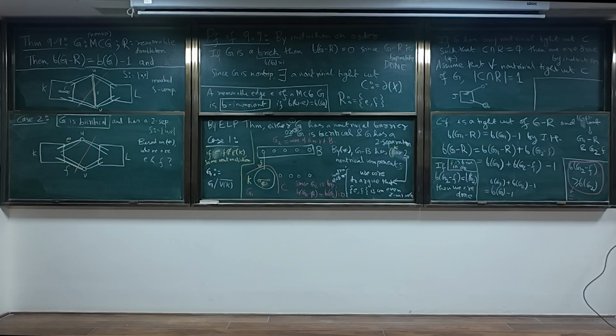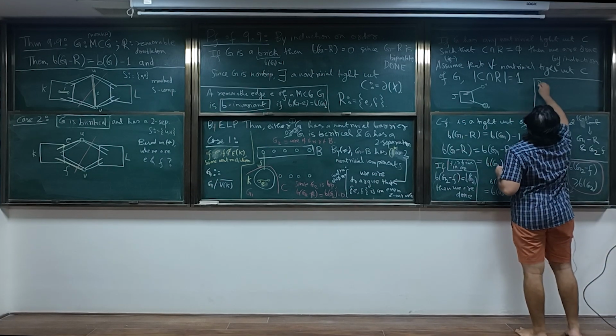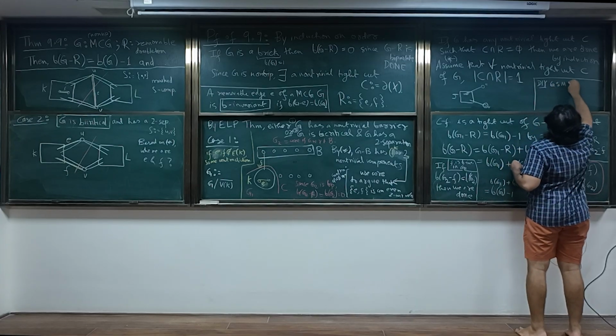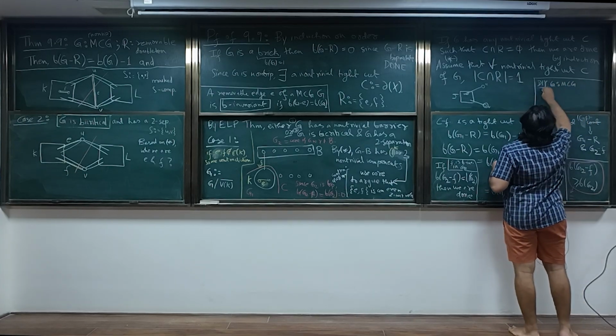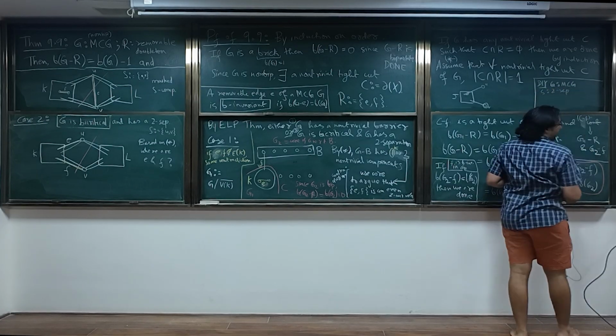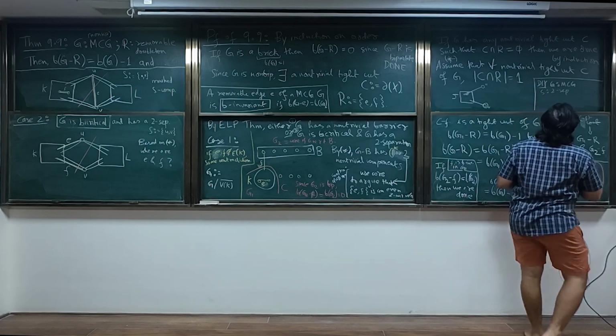Yeah. So maybe I'll make a small DIY out of this. G is a matching covered graph. S is a 2 separation. So it is a 2 vertex cut that is not a barrier.